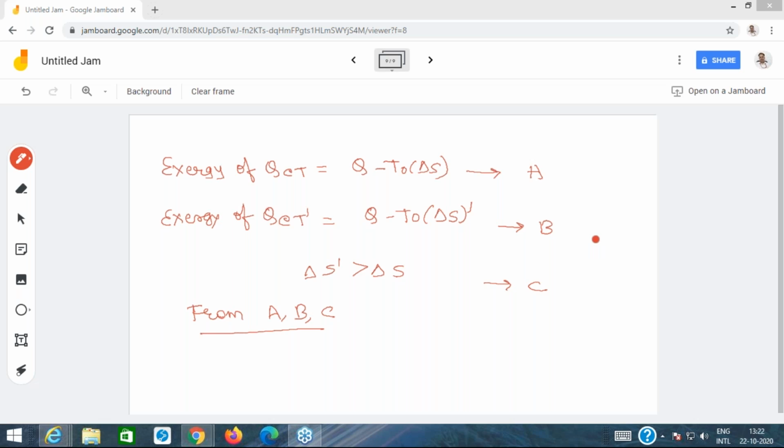So why is the exergy reduced? Let me represent the exergy value on a temperature entropy diagram.